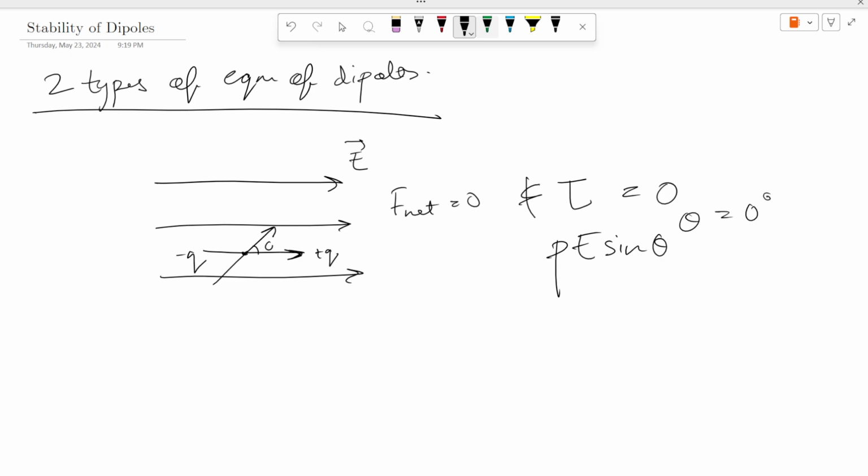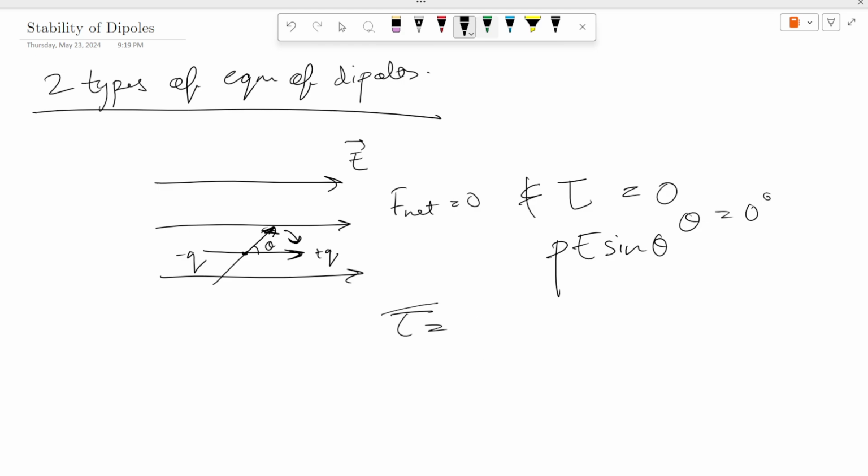anti-clockwise by an angle theta, then we'll notice that it has the tendency to come back to its original state, right? And that is because the torque when we rotate it is PE sine theta, right? This is what the torque is.